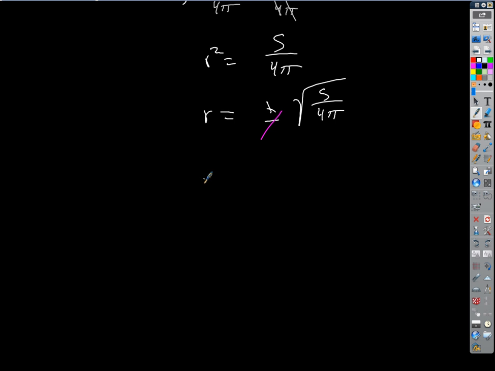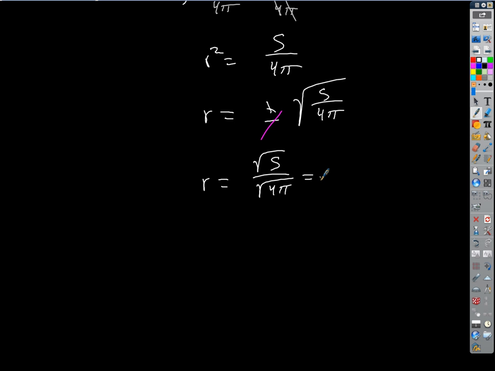If I square root a fraction, that's the same as square rooting the top and the bottom separately. So we get R equals the square root of S over the square root of 4 pi.